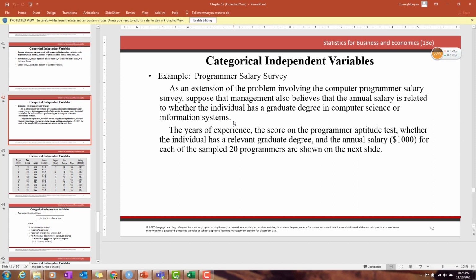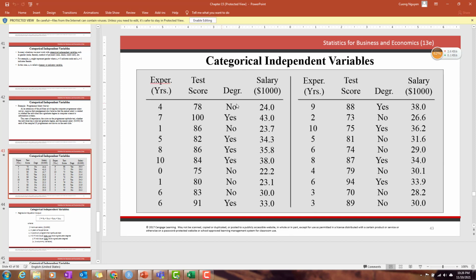A graduate degree means a postgraduate degree, a master's degree, or a PhD, a doctoral degree. If they have the degree, they say yes, meaning they have the master's or PhD. They say no if they don't. And they collected the data.